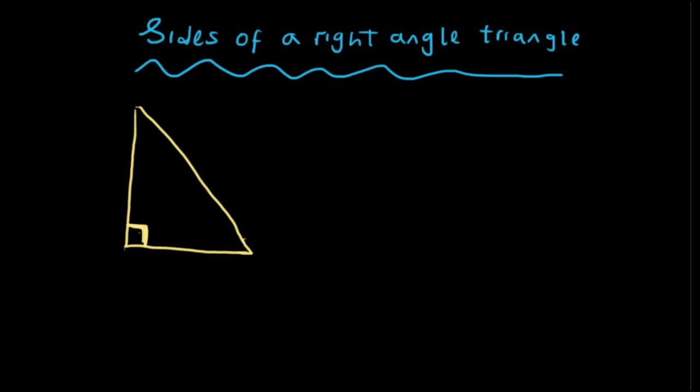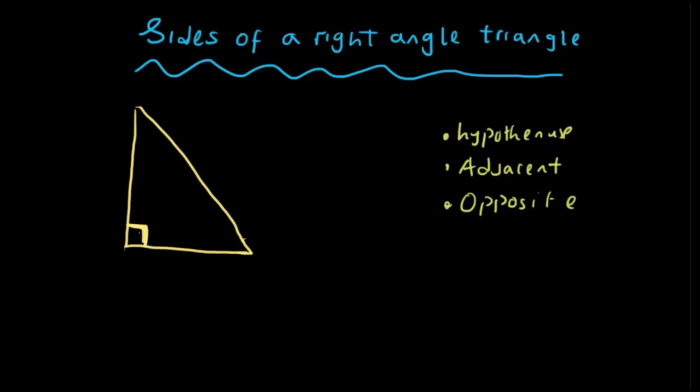Now, this is a right angle triangle. There are three sides of a right angle triangle. We can have the hypotenuse, we can have the adjacent, and then we can have the opposite. Do you understand? Now, the side facing the right angle is known as the hypotenuse.